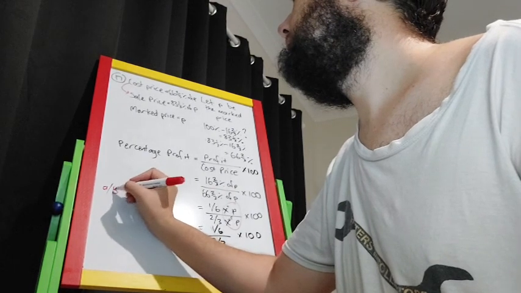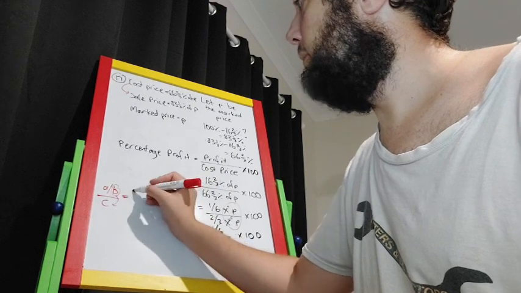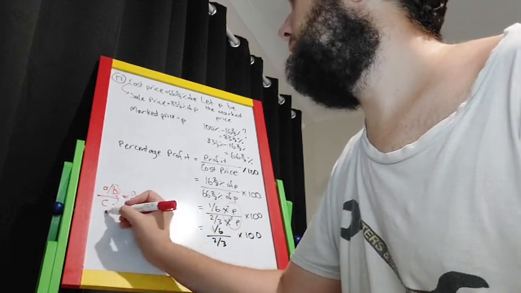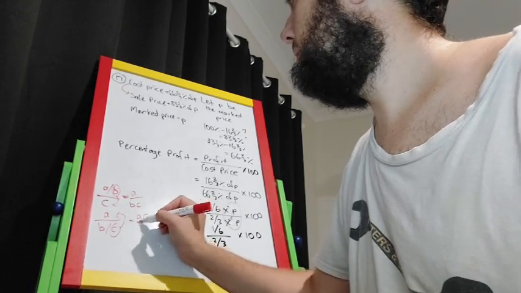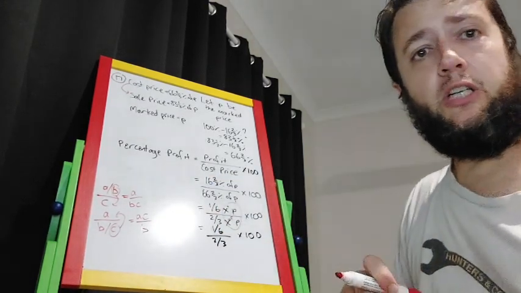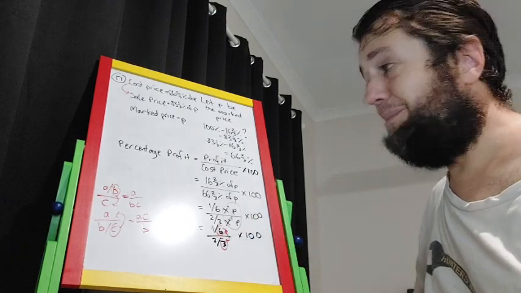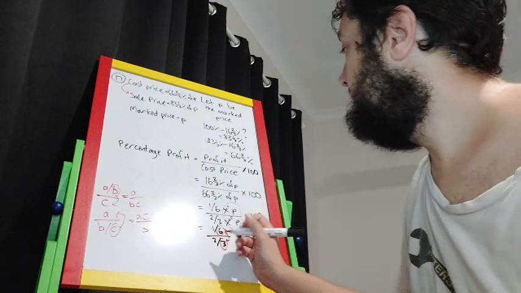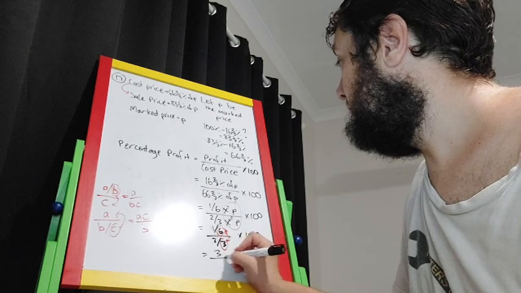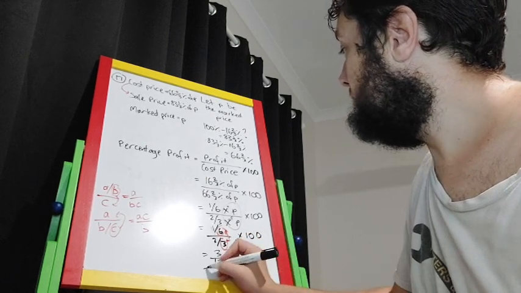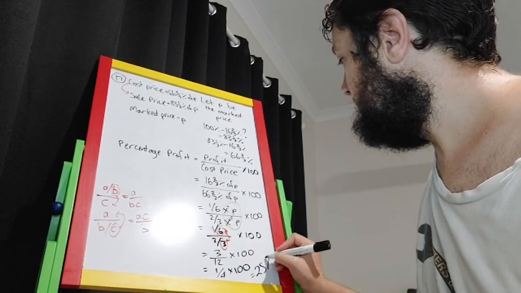If you have a fraction on top, the denominator can go on the bottom. Also, if you have a fraction on the bottom, the denominator can go on the top. All right, useful tricks you can use with fractions. Essentially, that means the 6 can go down and the 3 can go up. I'll leave you to think about that. But what that gives me is I end up with 3 over 12, which is 1/4, and I get 25% profit.